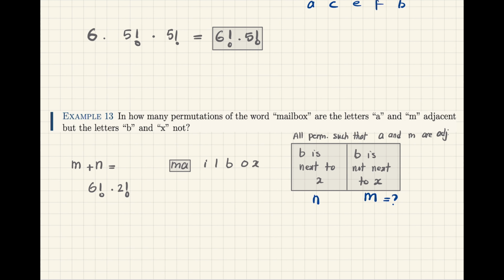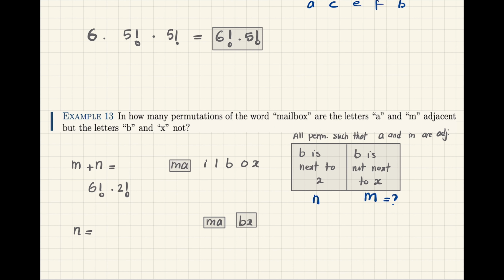So N is the number of permutations of this word in which not only A and M are adjacent, but also B and X. So I put A and M in one box, and B and X in another box, because they have to move around together.